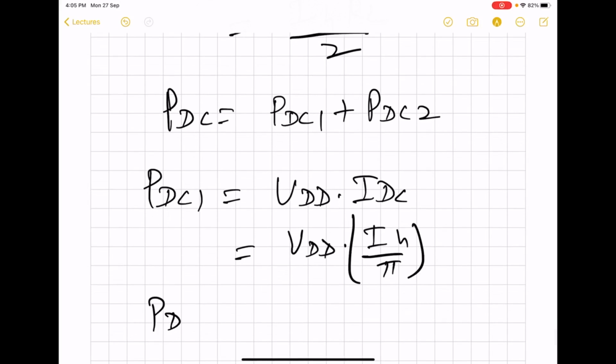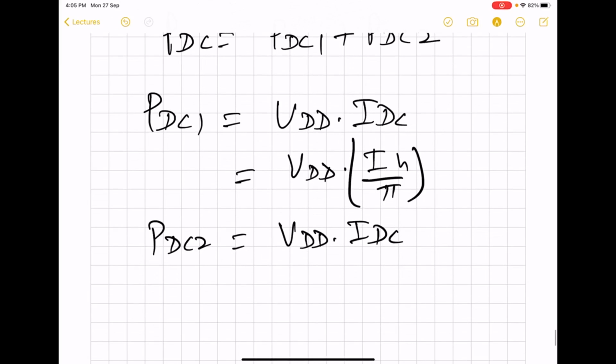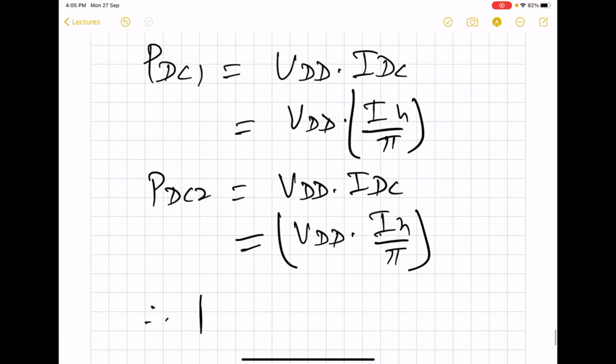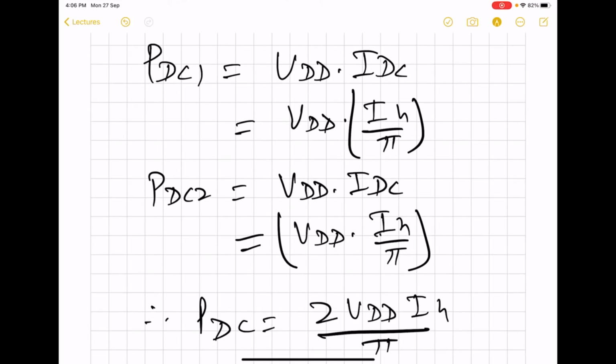Similarly, PDC2 is also equal to VDD into the DC current through it, and the DC current is IH by pi. Therefore, PDC is 2 VDD IH by pi.